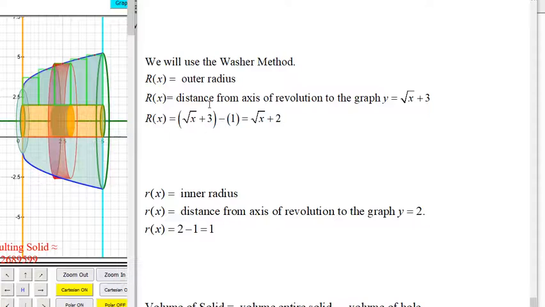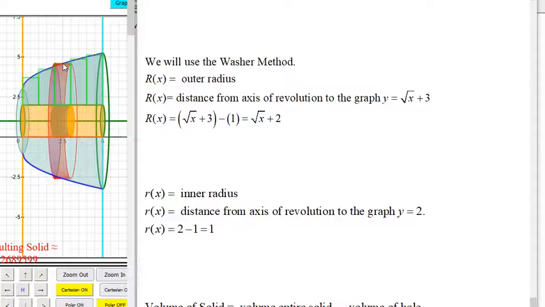And so the outer radius is the distance from the axis of revolution to the graph y equal to the square root of x plus 3, and the axis of revolution is the line y equal to 1.